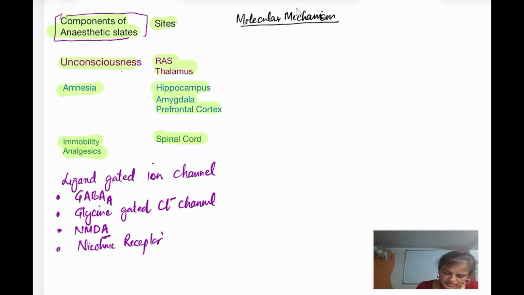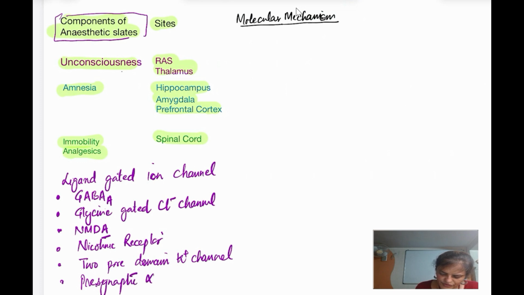Various miscellaneous. Then 2-pore domain potassium channel. Then presynaptic alpha 2 receptor. ठीक है. बट इनमें से जो सबसे the most important is a GABA A.